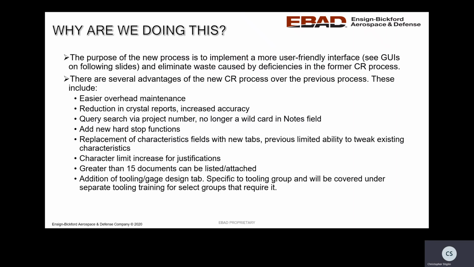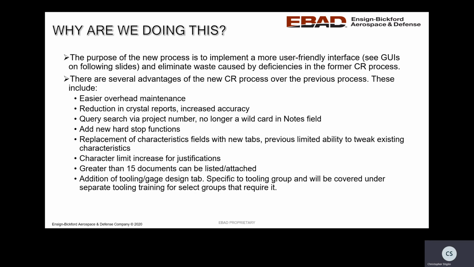Why are we doing this? The purpose of the new process is to implement a more user-friendly interface and eliminate waste caused by deficiencies in the former CR process. There are several advantages to the new process.